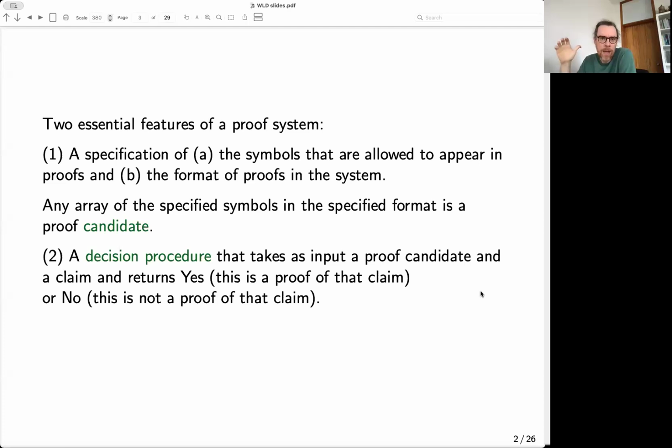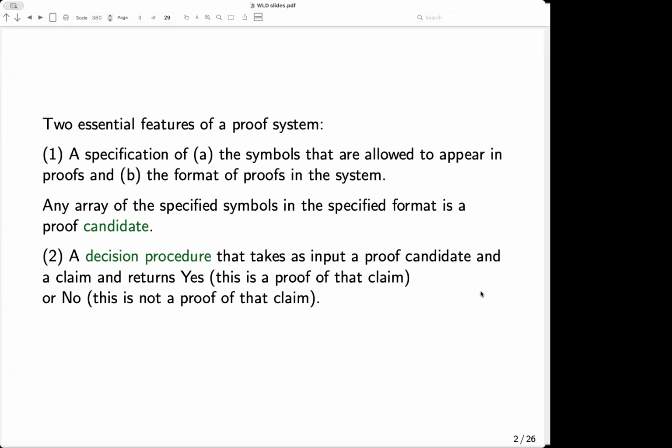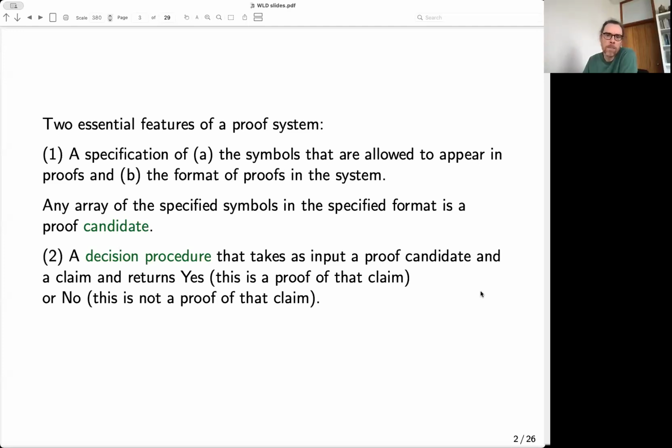Because we're talking about a decision procedure, we have to define what its inputs are. That's one: to define what the inputs to this procedure are. But really the core of this is two, this decision procedure for checking whether or not something is a proof of some claim.